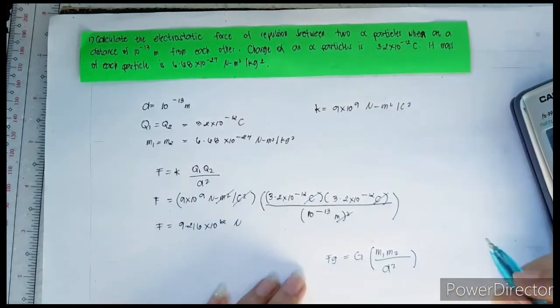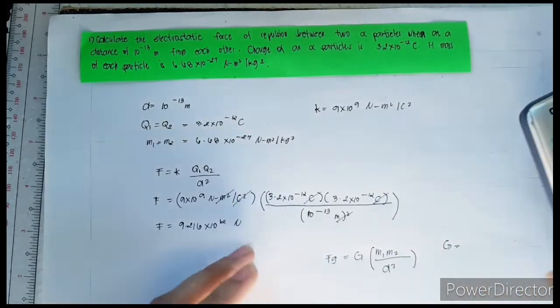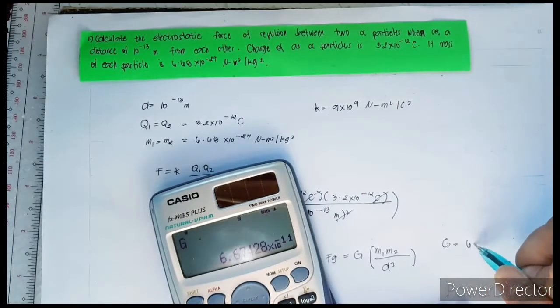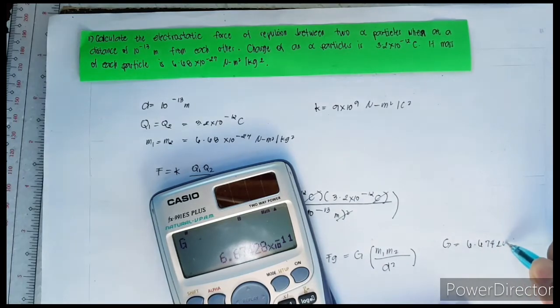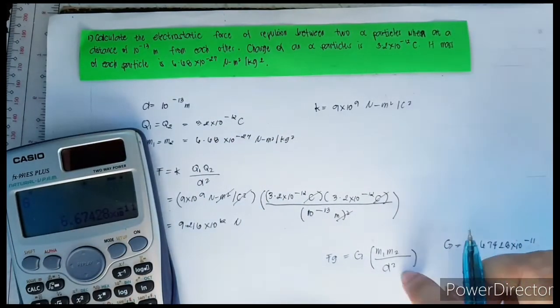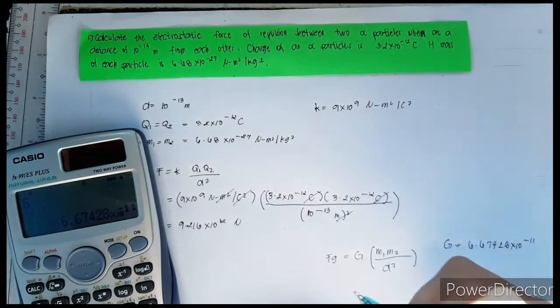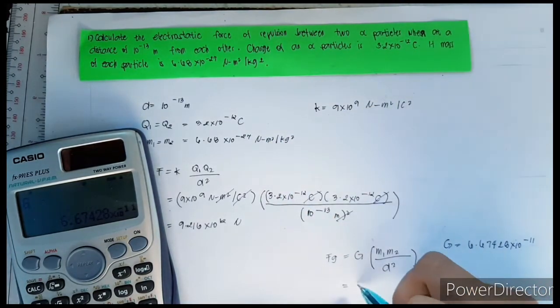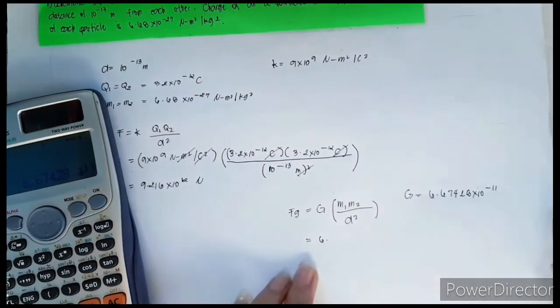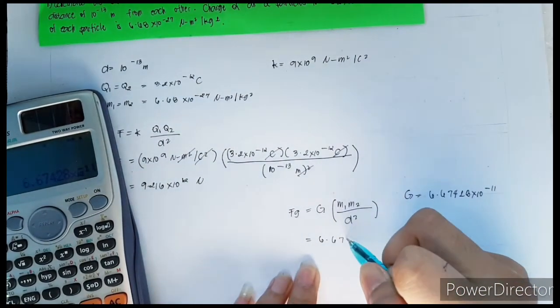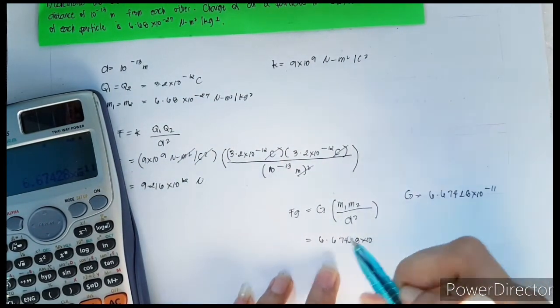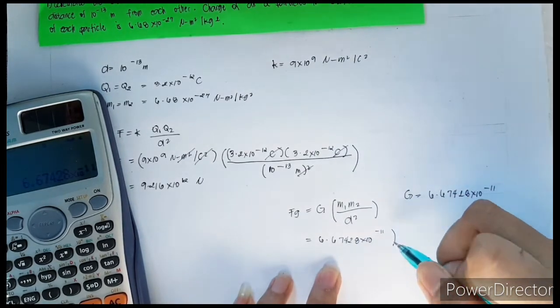For our G, we have here G is equal to 6.67428 times 10 to the power of negative 11. So plugging the given values of mass into our formula, for our G, we have here 6.67428 times 10 to the power of negative 11.